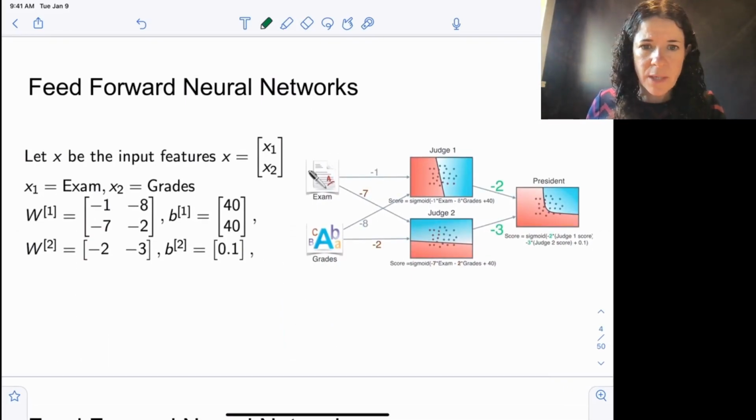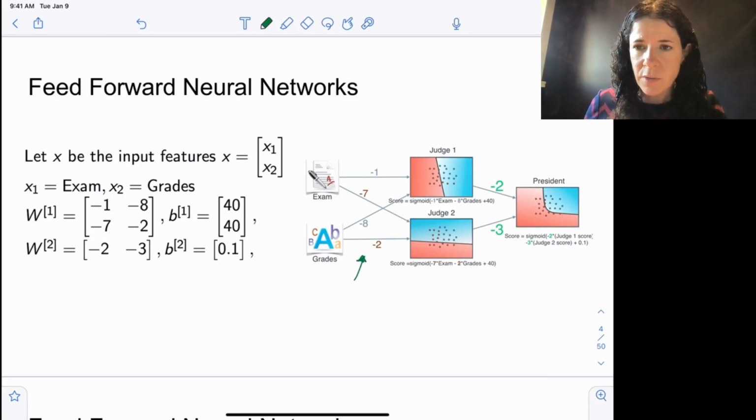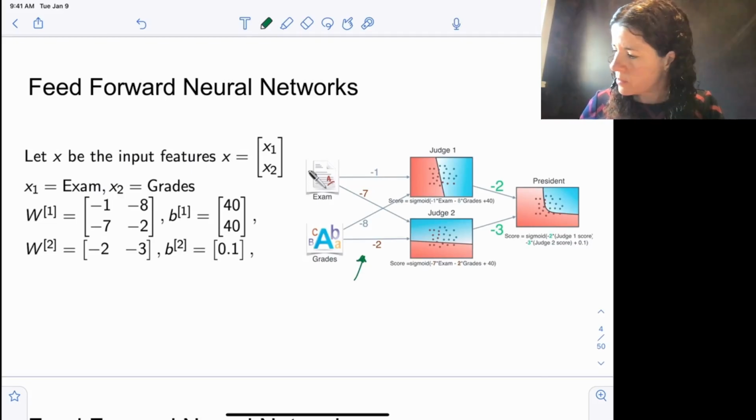So we can write this particular network in matrix form. Here W1 is basically all of these weights that are in the first layer. B1 are the biases that we see here and here.